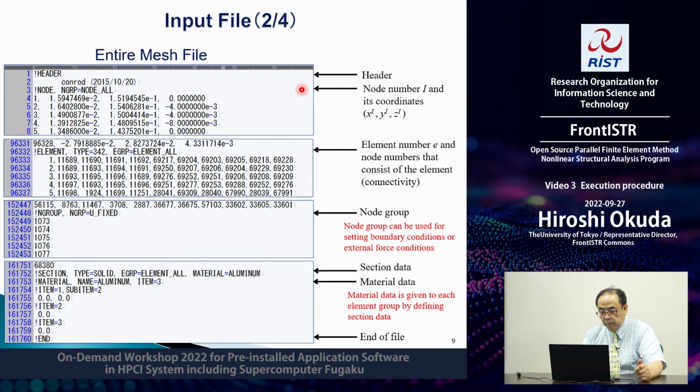These two pieces of information show the mesh information. The other part, for instance, is node group or element group information, defined so that the boundary conditions can be easily assigned.